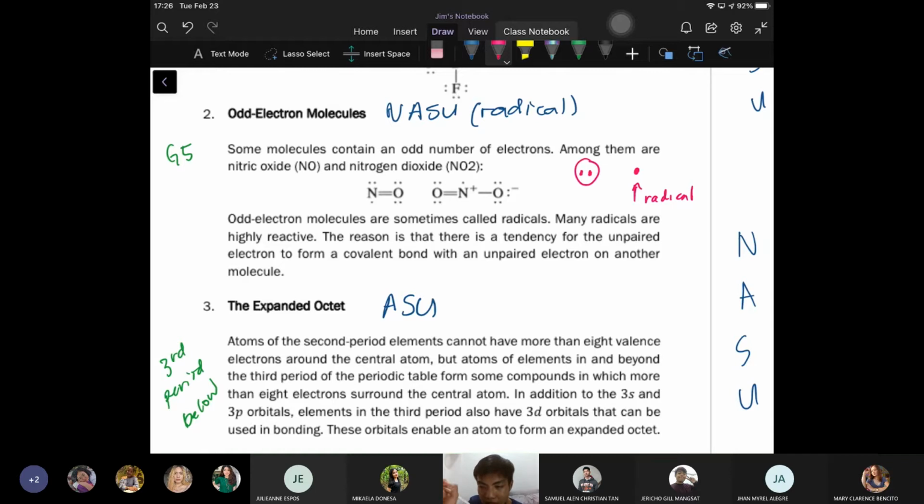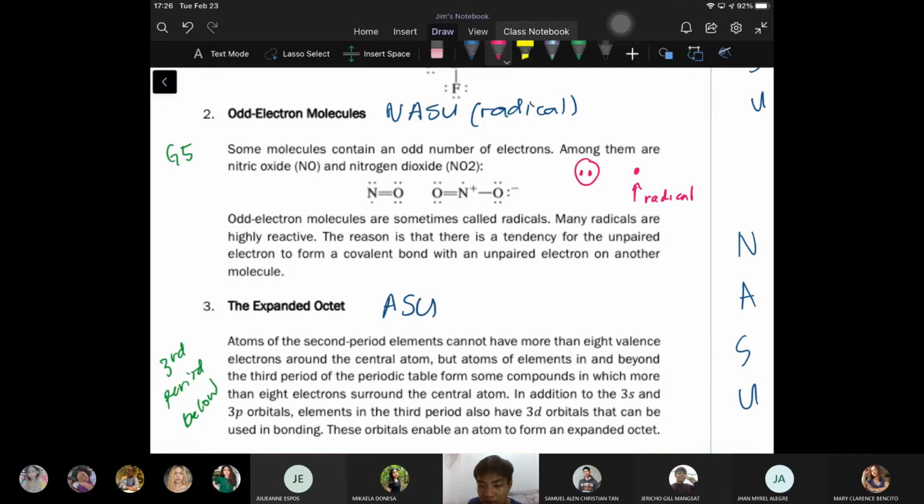Especially yung single electron na yan. Kasi kapag bi-pair sila, chillax yung electron. Naka-chill siya. Pero kapag single lang yan, galit na galit yan. So, galit na galit yung electron na yan to a sense na it can do chemical reactions with the other atoms. So, yun yung problem with radicals.